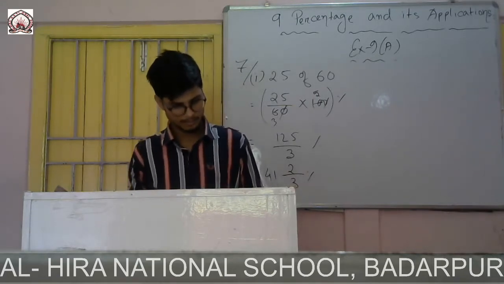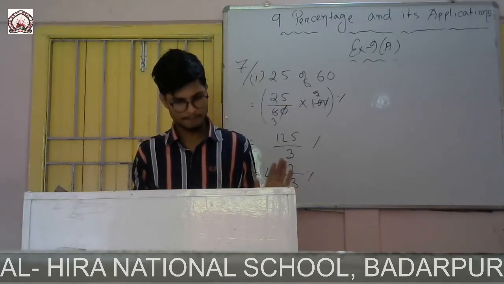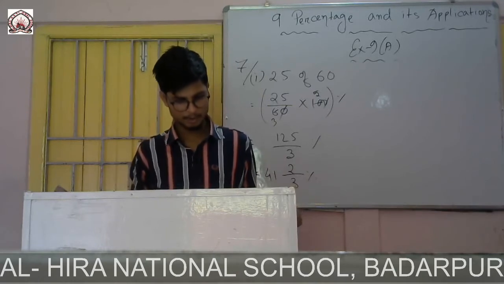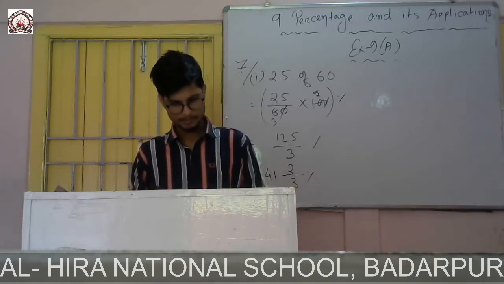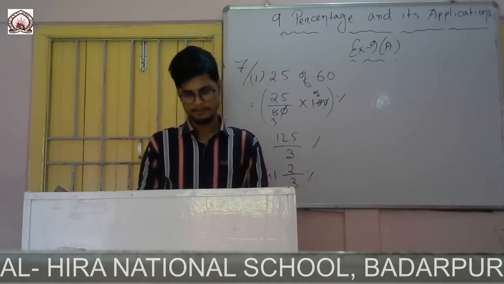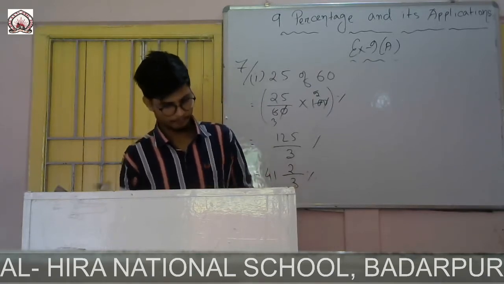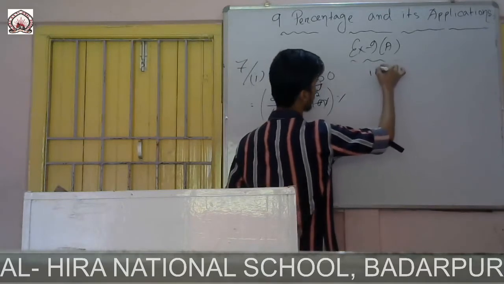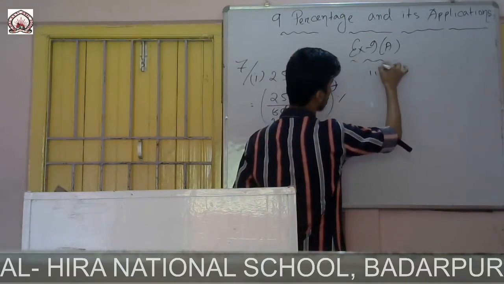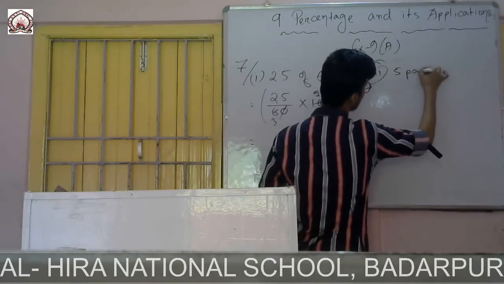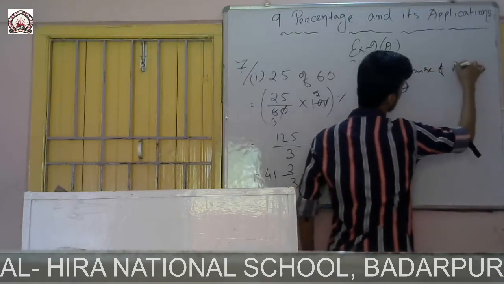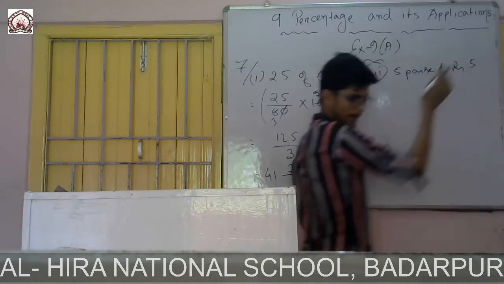Next one, okay, let me do Roman number 3. 5 paise of rupees 5.